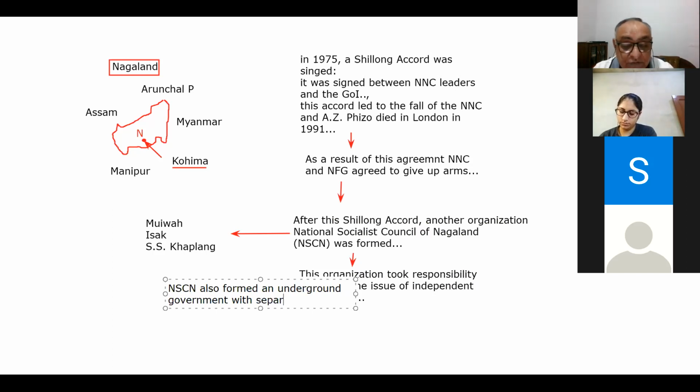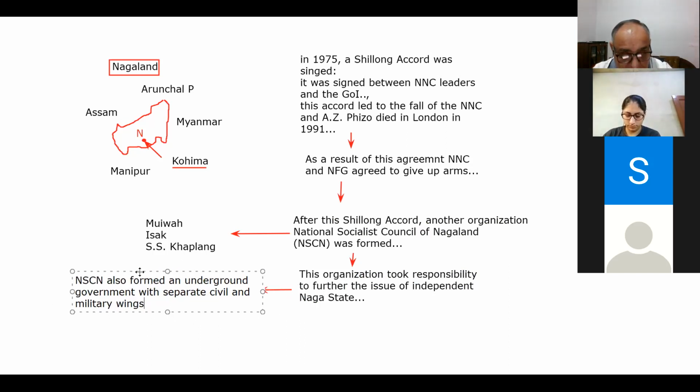So इन्होंने भी अपने एक underground government बनाया, civil and military wings, right? So it was formed there.